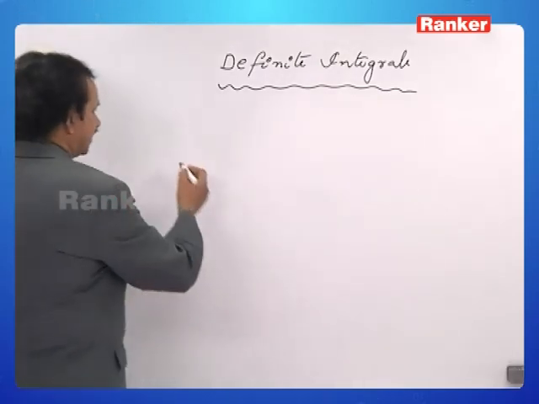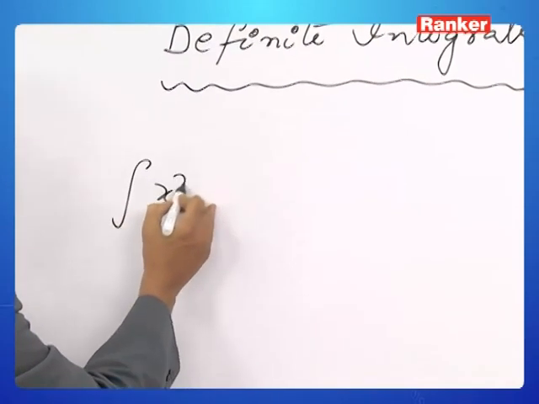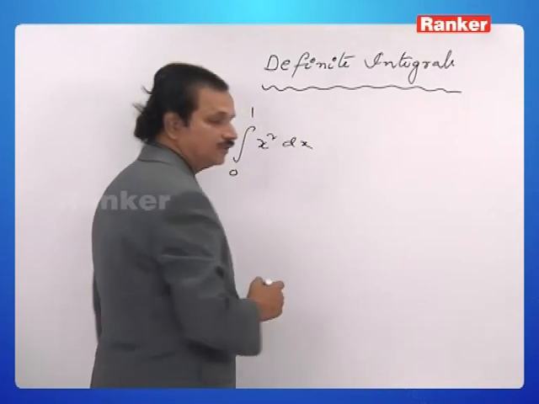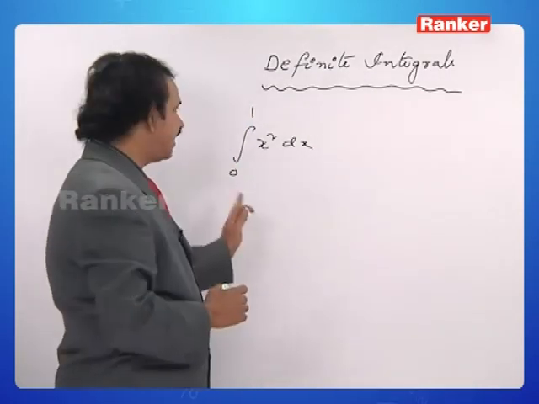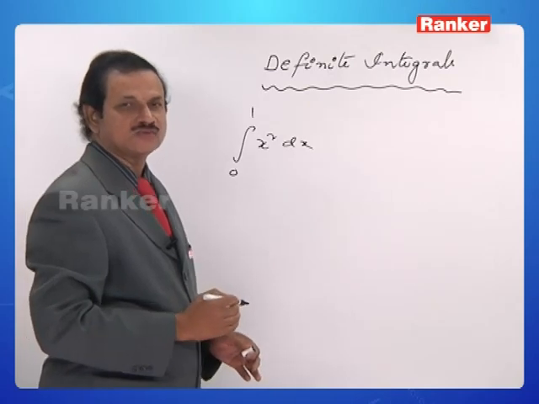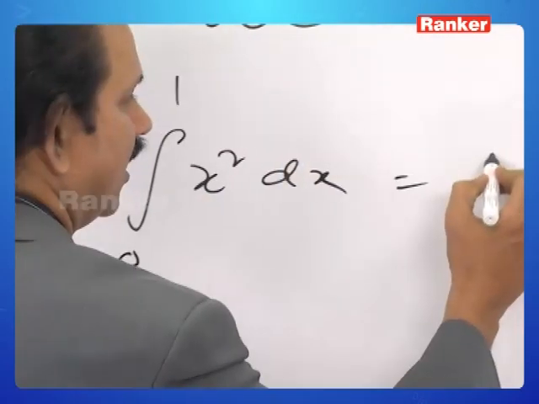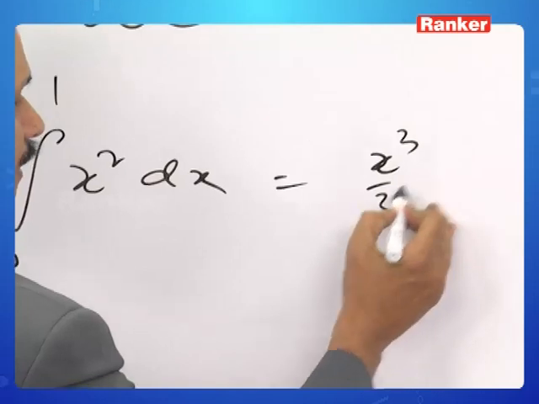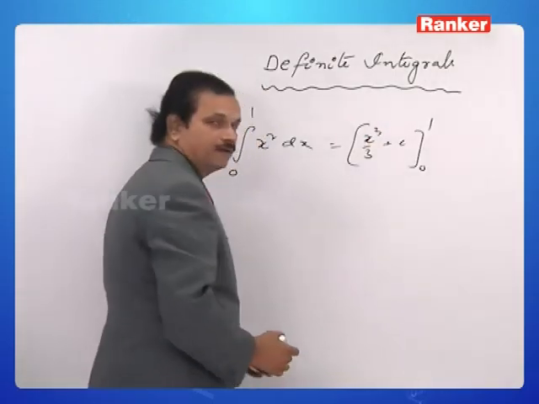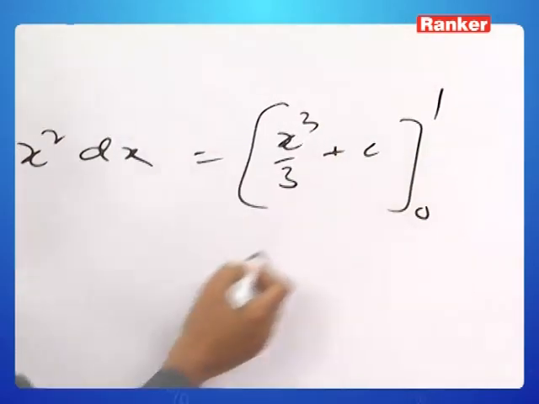Okay. As an example, suppose integral x square dx from 0 to 1 is asked. Without the limits, what is the indefinite integral? Integral of x square is x cubed by 3, isn't it? It is x cubed by 3 plus c between the limits 0 to 1. Upper limit is 1, lower limit is 0.